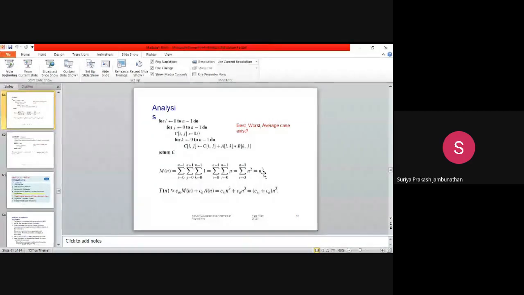The algorithm you have to write is matrix addition for 2 matrices. Write the algorithm for matrix addition and send it to me in Google Classroom.